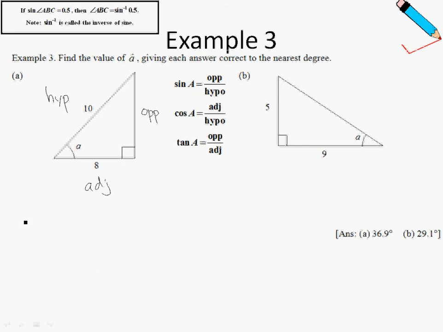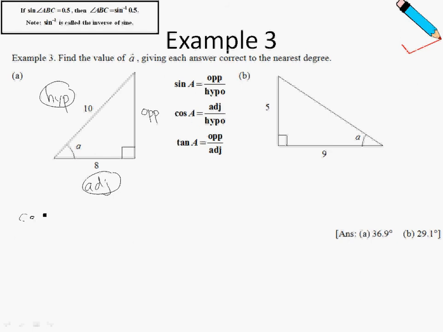Now we are given the hypotenuse and the adjacent. Which ratio do you think I should make use of? Look very carefully. The cosine function consists of the adjacent and the hypotenuse. So in part A, I will make use of the cosine function.